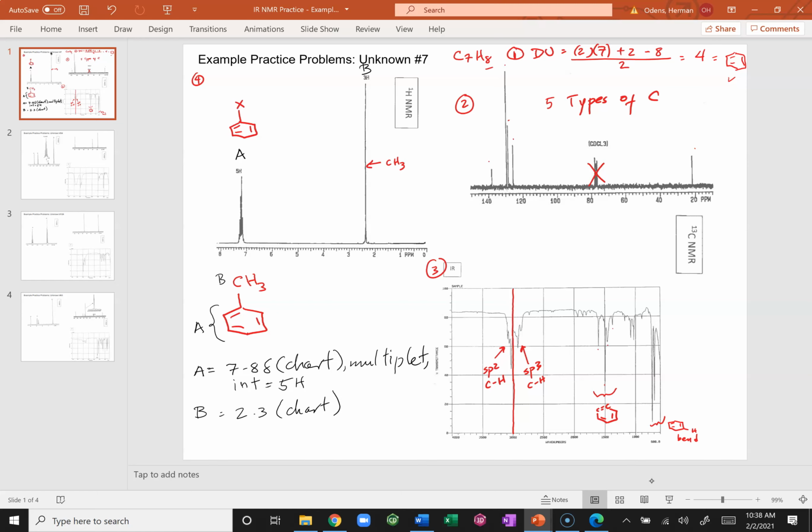It's a singlet that integrates for 3 hydrogens. And the name for this molecule is toluene. So the next thing I'll do is to name it. Toluene or methylbenzene is also acceptable. All right.